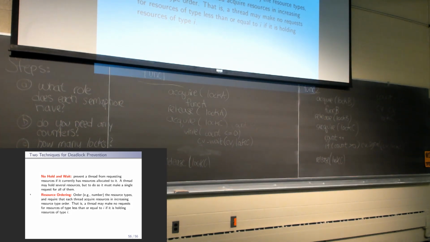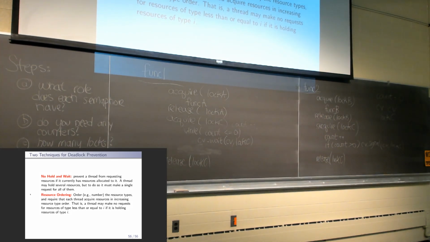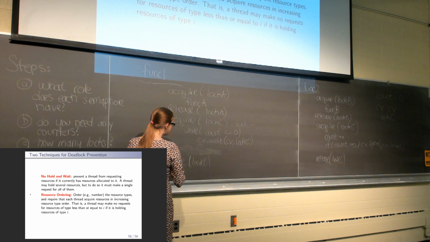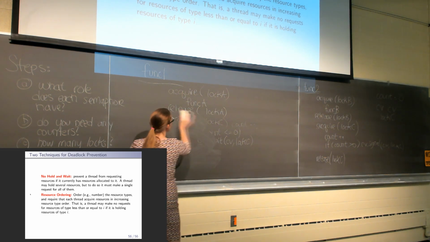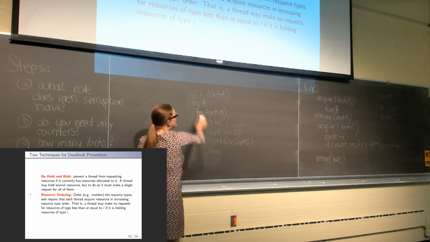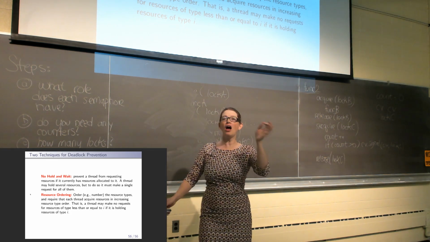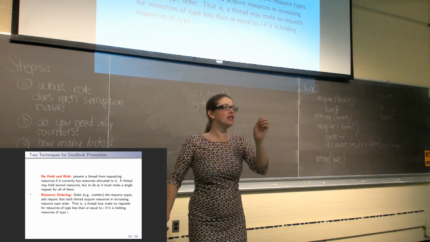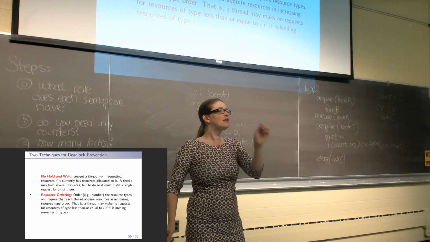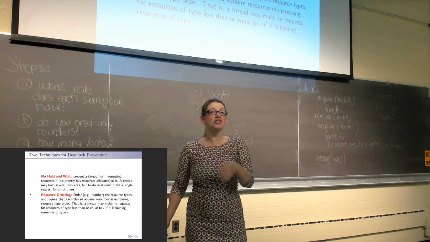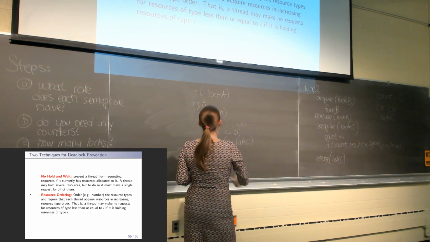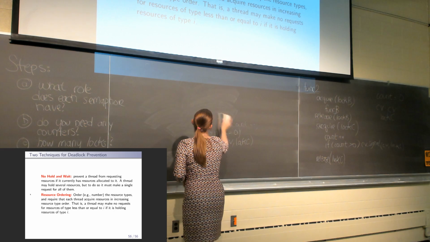All right. So in order to implement no hold and wait, the trick about no hold and wait is that if you can't acquire the lock, you can't fall asleep. Because if you fall asleep and you own a resource, then you could get deadlock. So we need a special implementation of acquire.